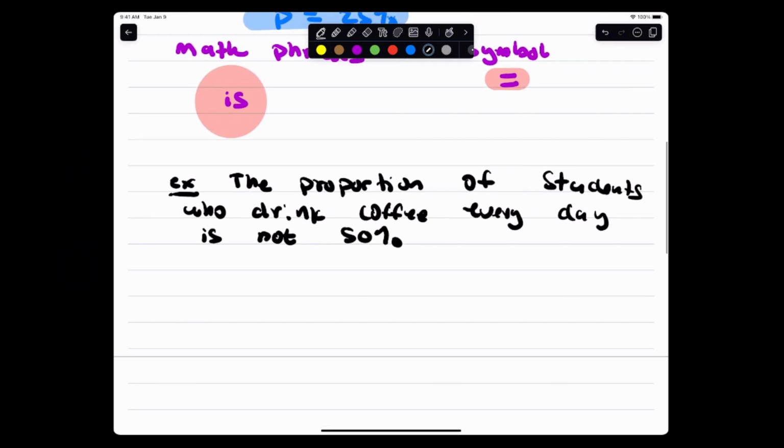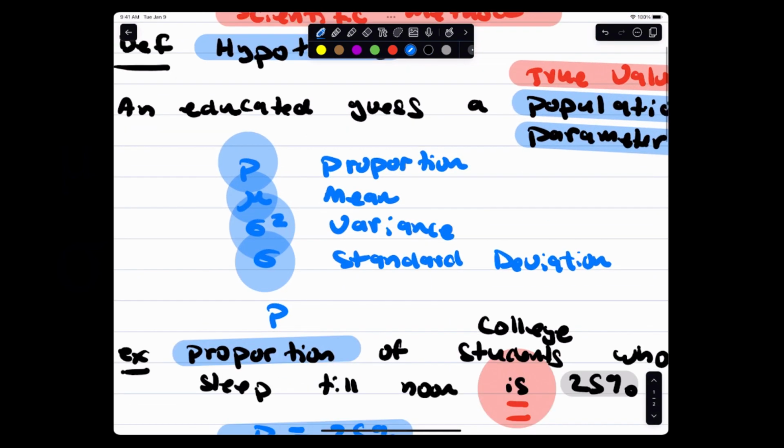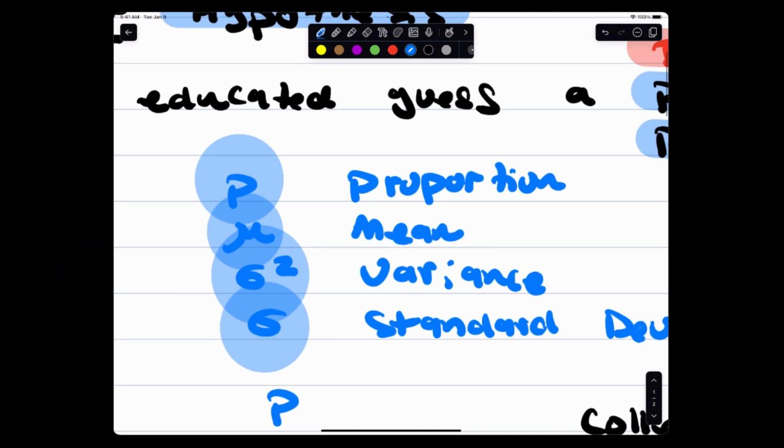What do they mean by the proportion? What parameter represents a proportion? Do you guys know? What letter, I should say? See this true proportion? What letter do we use?